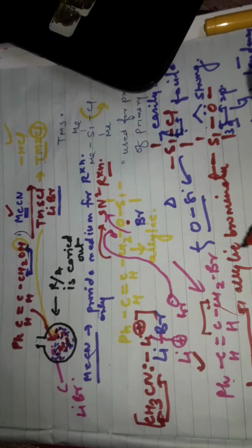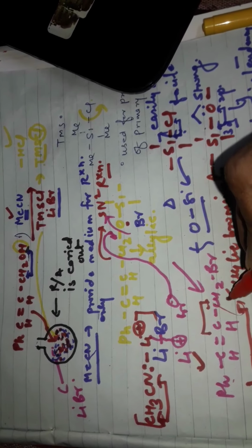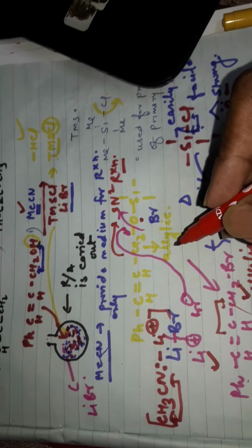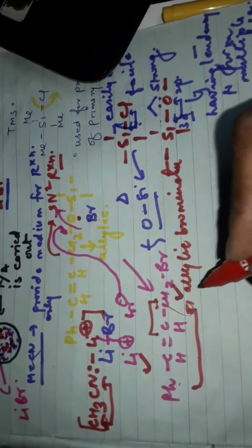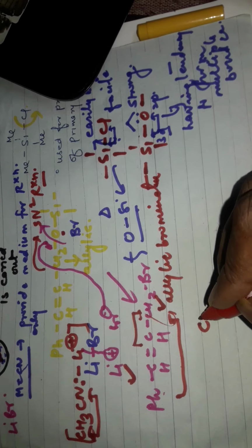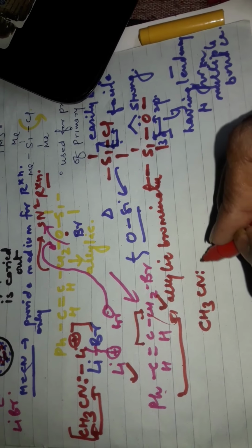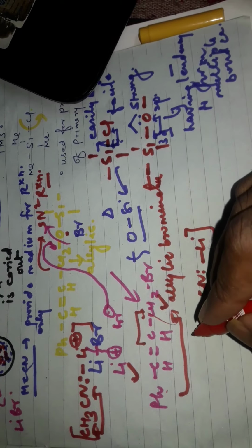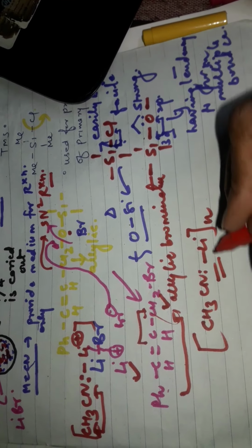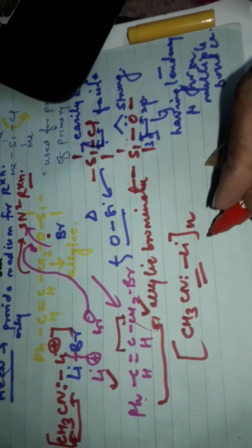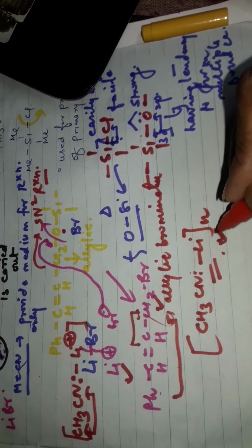So your product will be this one. After that, this remains as it is, because it forms a polymeric type of complex.